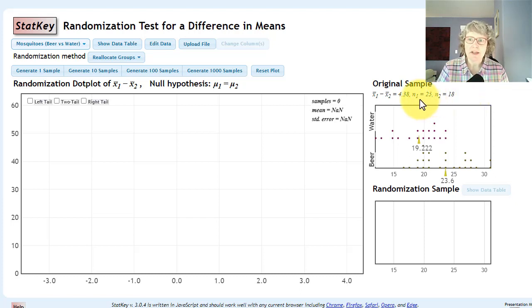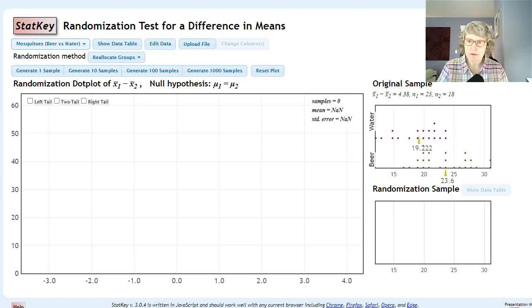So one thing that's really handy is if the sample sizes are different. And one is 25, and we had 25 beer drinkers. So that's really handy. And then N2 is 18, and we had 18 water drinkers. So the 1 is on the bottom, and the 2 is on the top.